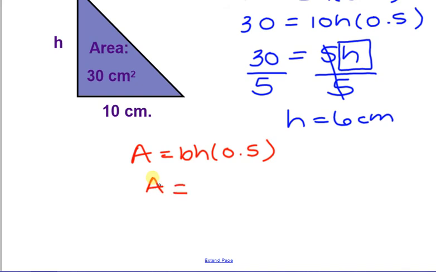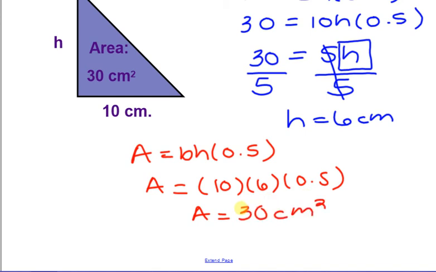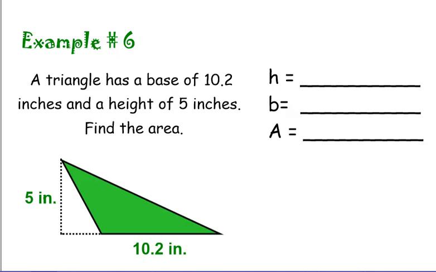Area equals, the base was 10, the height is 6, times 0.5. You put that all in your calculator, and you're going to get 30 centimeters squared, which is what the area is in the problem. Okay? All right, another example.